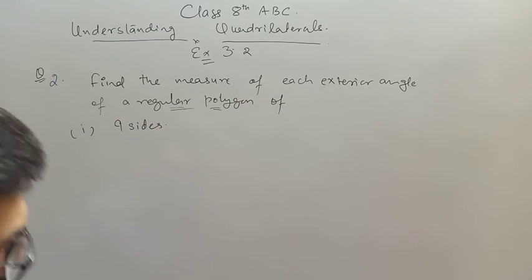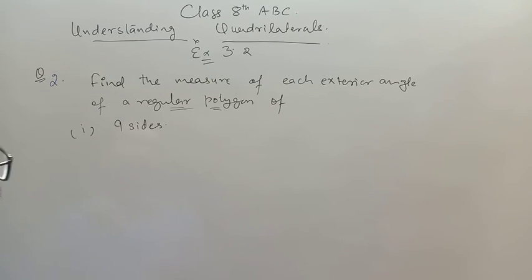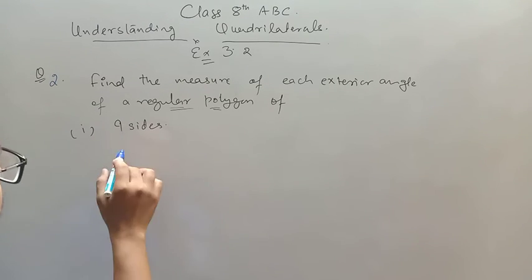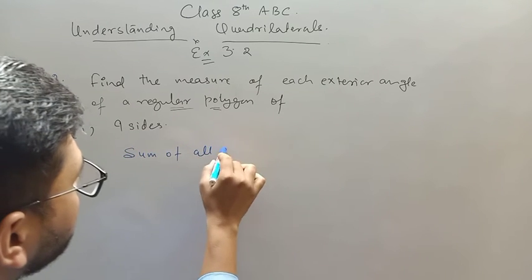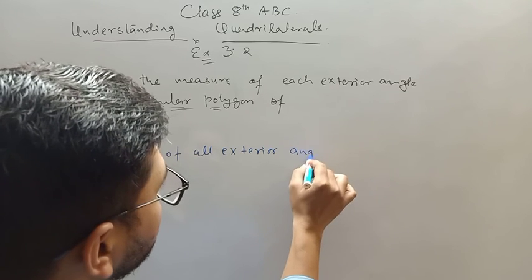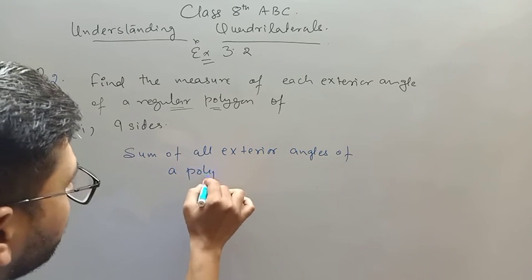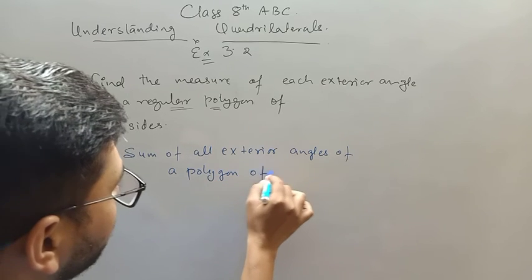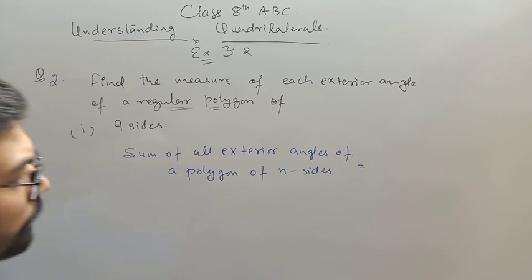So you can simply say the sum of all exterior angles of a polygon of n sides is equal to 360.